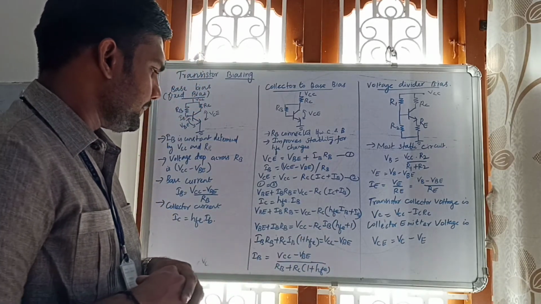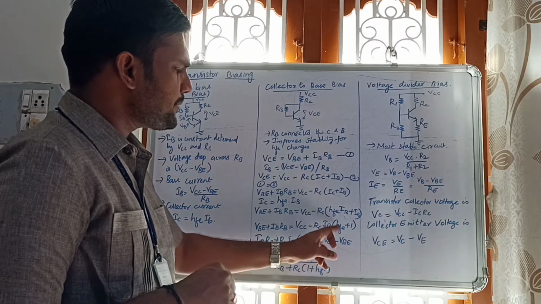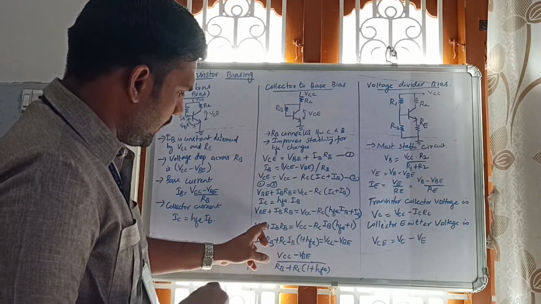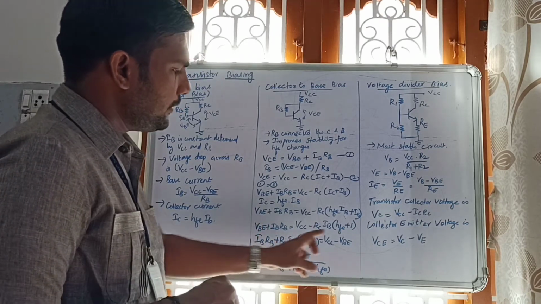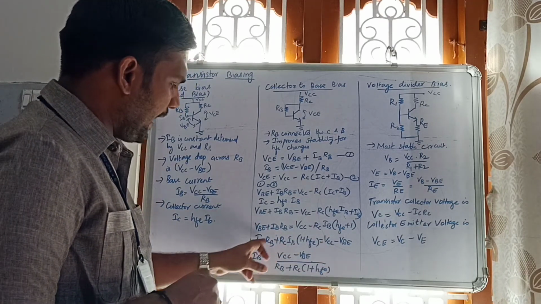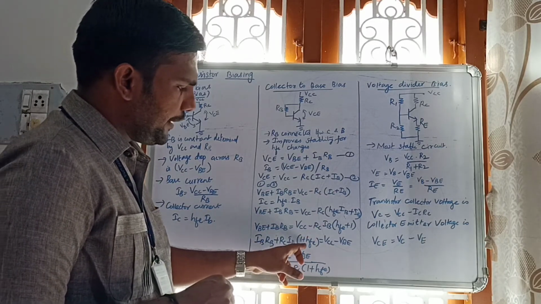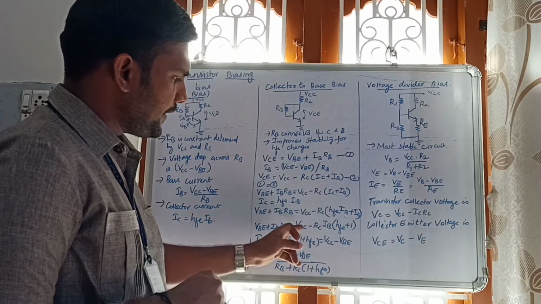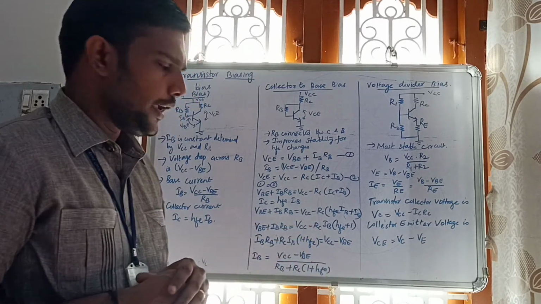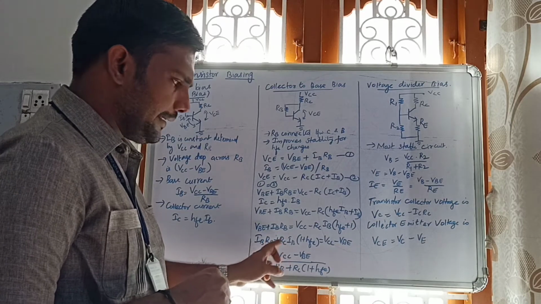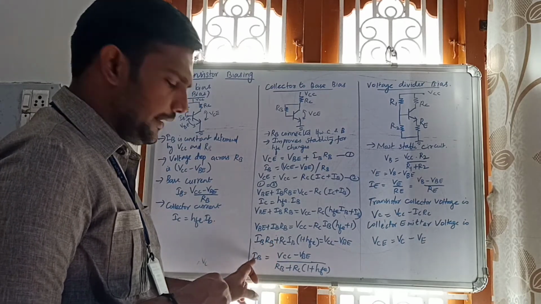Next step, bring this negative term to the left side and bring VBE to the right side. So what will you get? IB RB plus RC into IB into 1 plus HFE is equal to VCC minus VBE. From these two terms IB can be taken outside, and from that you can find IB.